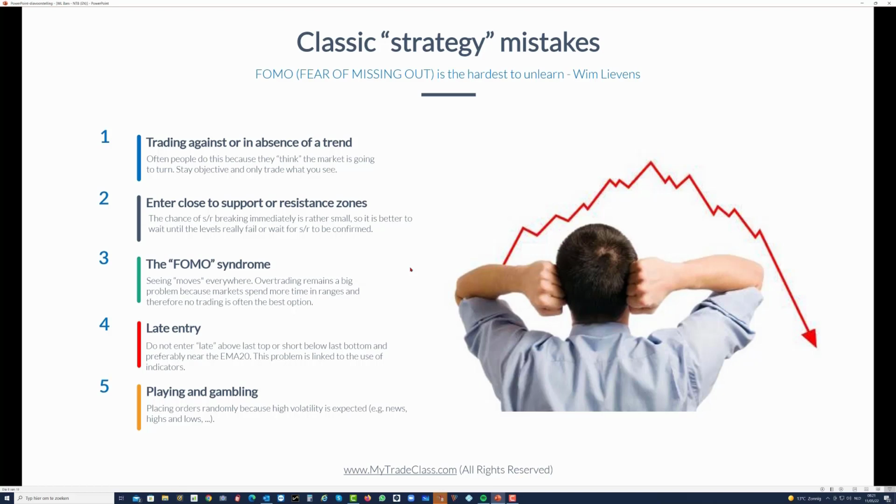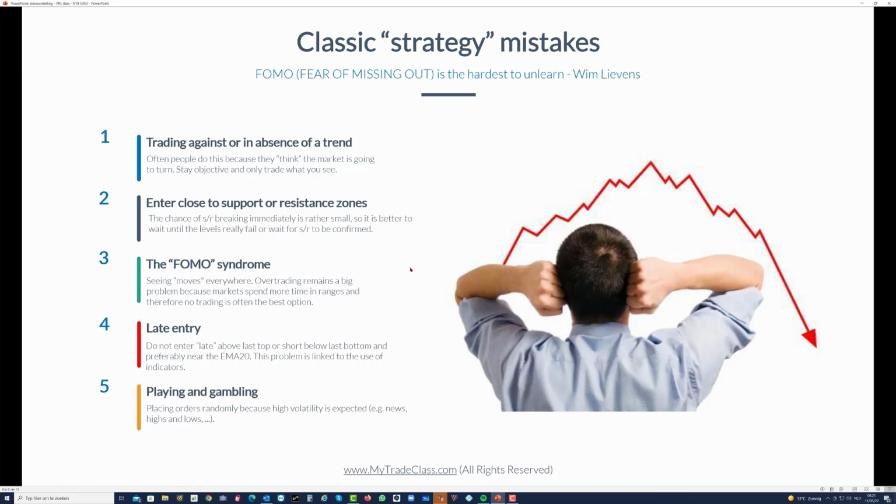Now, this is something that happens. Entering too close to support and important resistance lines, and this is sometimes because people do not always see how you have to interpret and look at these support and resistance zones, and which are the important zones and how you can recognize them. Yeah, it's not only on the chart. You can use a tool like volume profile, for example. This will be a big help in understanding what is happening.